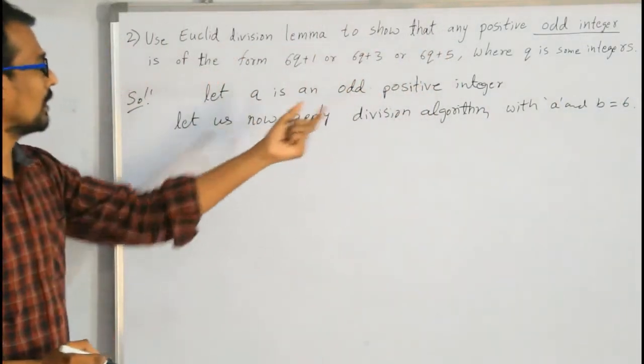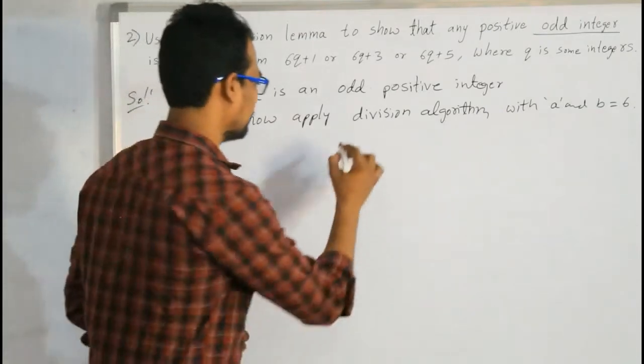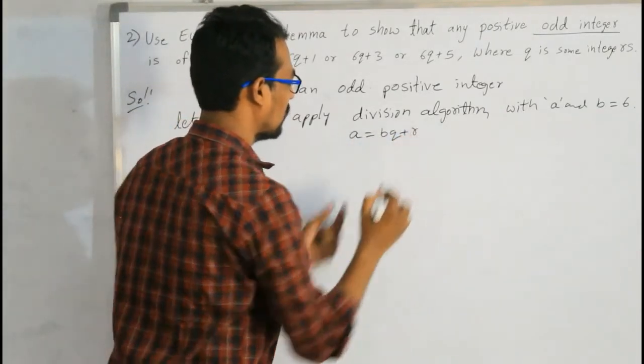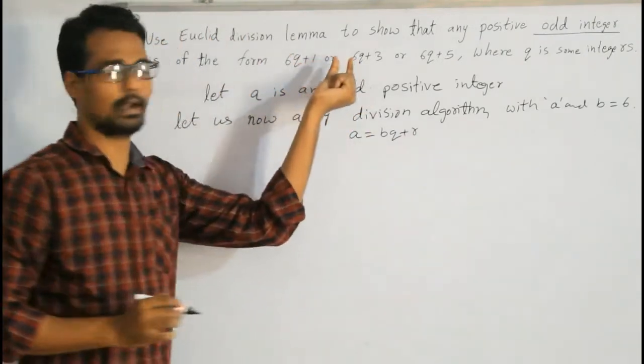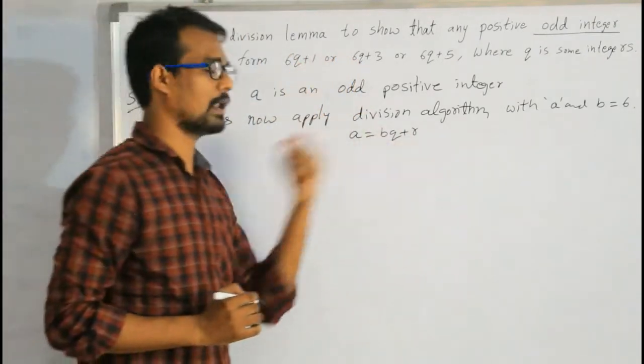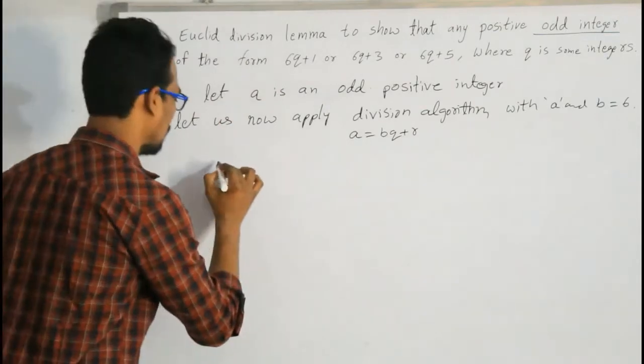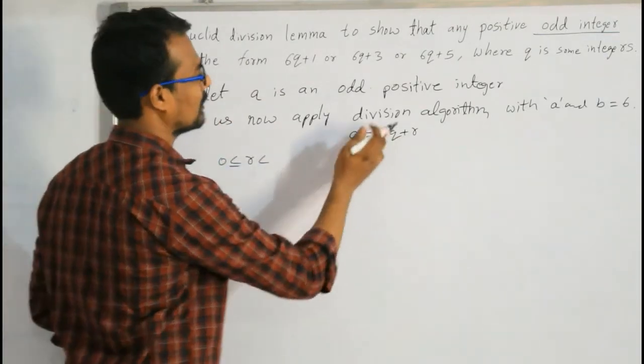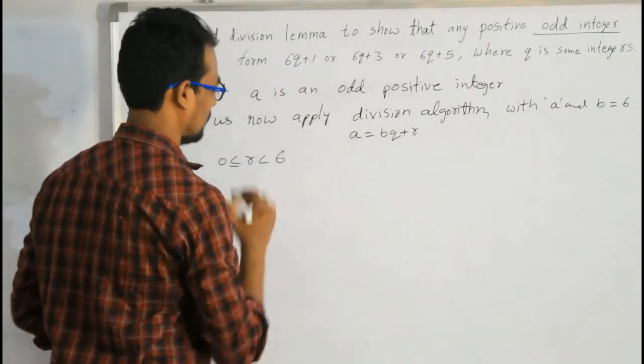So why am I putting this? First of all, we know the division algorithm: a is equal to bq + r. Here b equals 6, since it is already given in the question. Then r equals how much? We know 0 is less than or equal to r, which is less than b. What is b? 6.